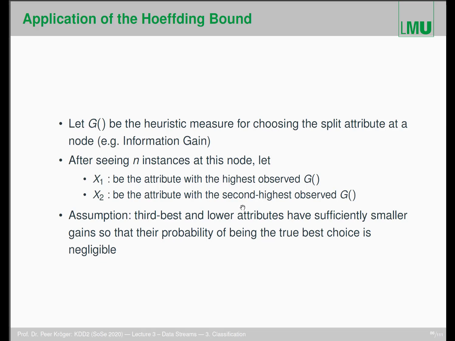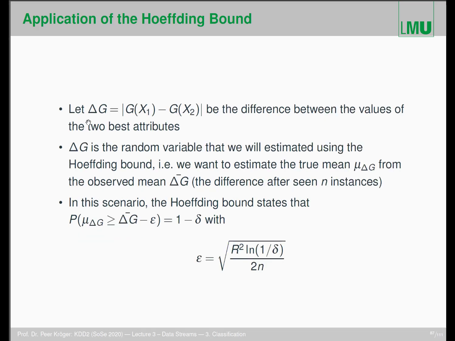So we could compute the difference between the two attributes x1 and x2: G of x1 minus G of x2 is delta G. That is the difference between the values of the two best attributes. And now we take delta G as a random variable that will be estimated using the Hoeffding bound. That means we want to estimate the true mean of the delta between those two from the observed mean.